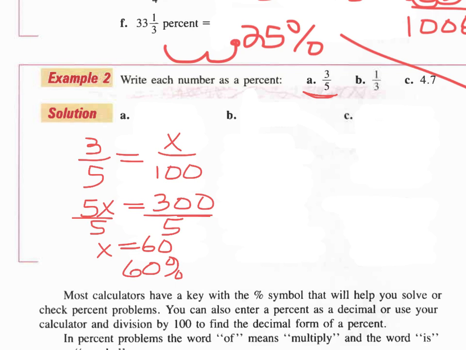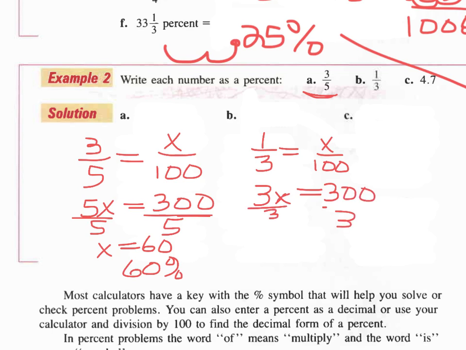We'll do the same thing on the 1/3. Again, you're going to set it up as a proportion. Cross multiply. And then divide. Should be 100. So when I divide here, I'm actually going to get 33.3 repeating.